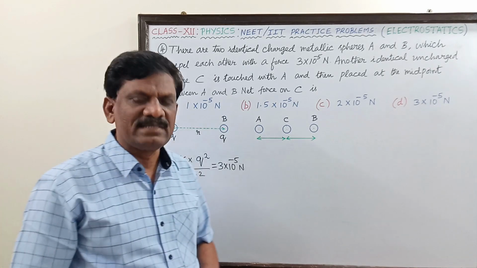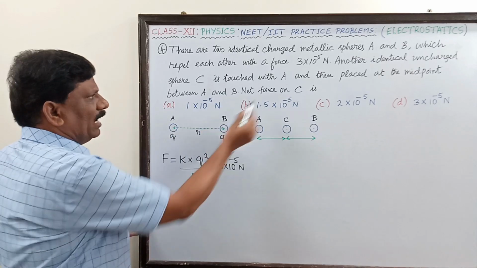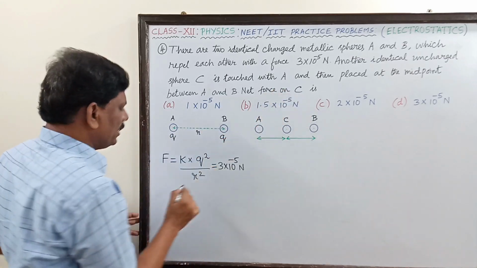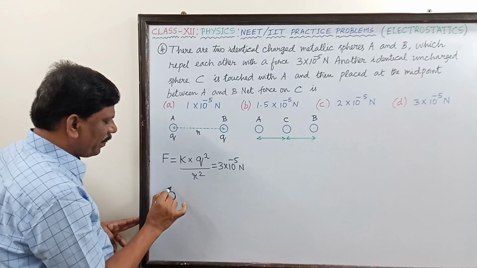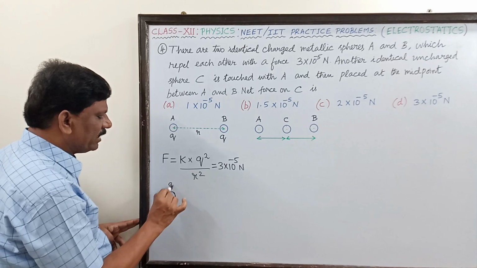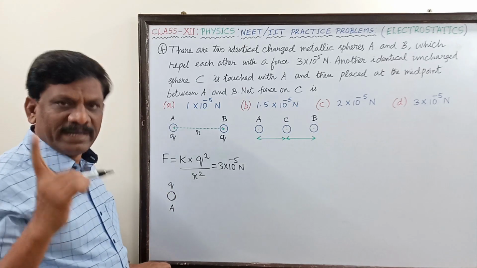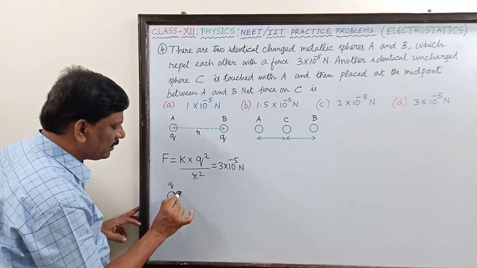Okay, what next is happening? Another sphere C is brought. Suppose this is the sphere A, and it is holding a charge Q. Now an uncharged metallic sphere C is kept in contact.